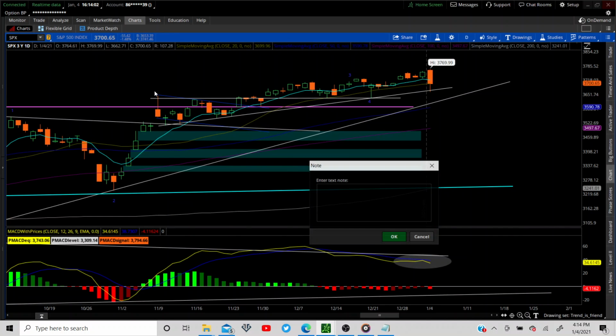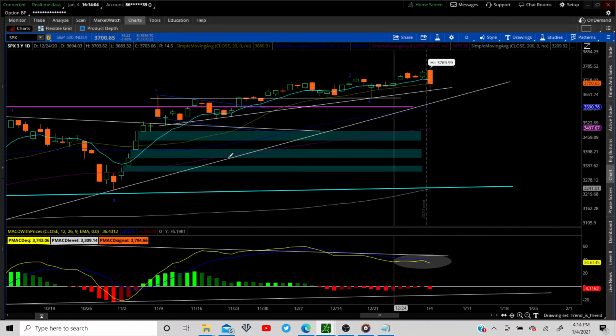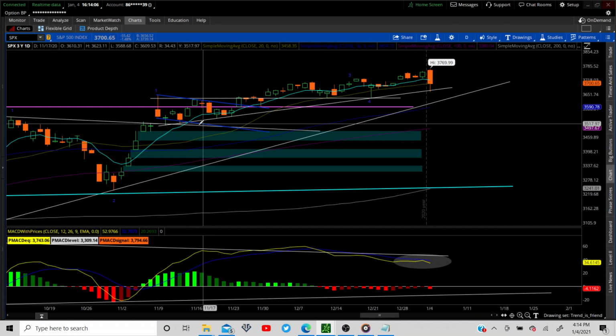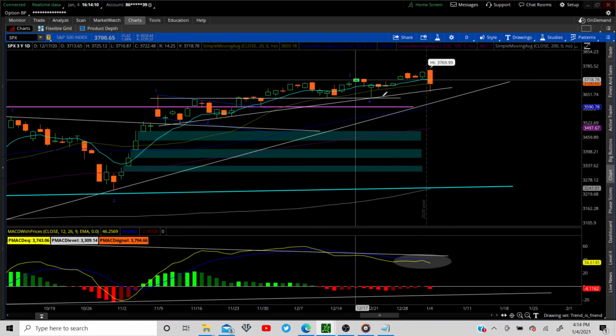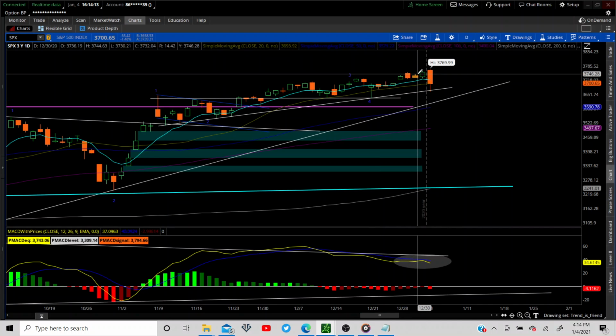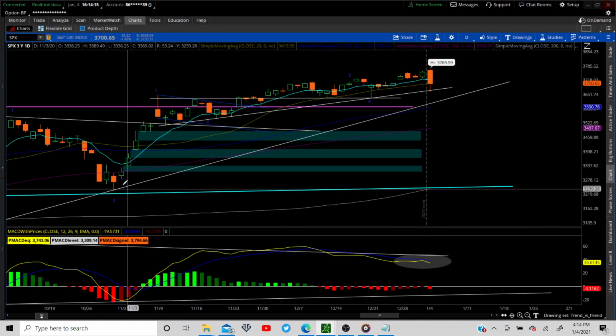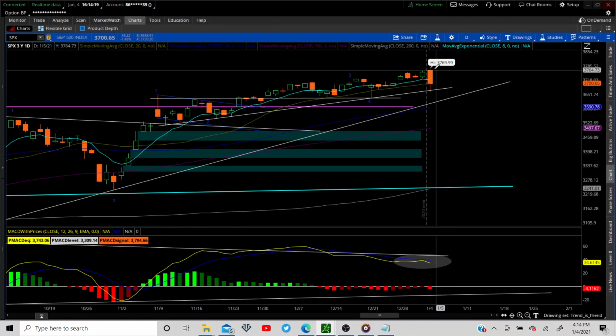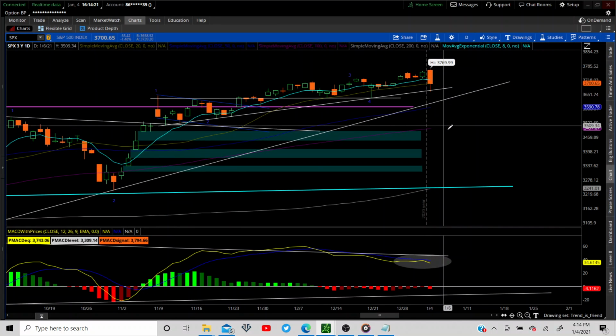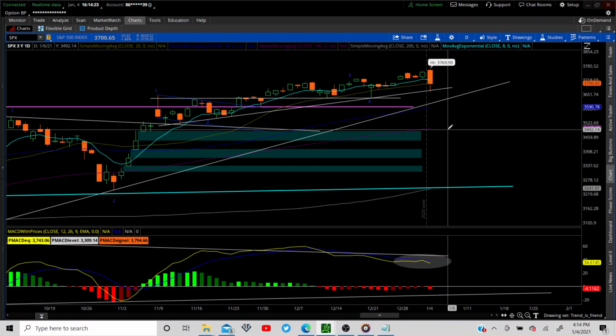This is a smaller wave 1, wave 2, wave 3, 4, and 5. The end of 5 completes the wave 3, this bigger wave 3 that we had, and now we're on to wave 4. We always mention that wave 4 is not a fun wave to be bullish on.